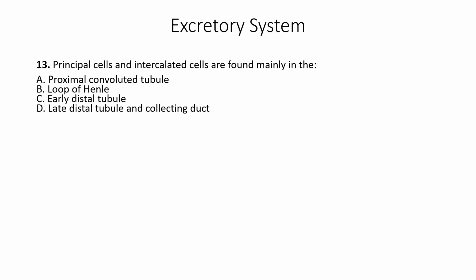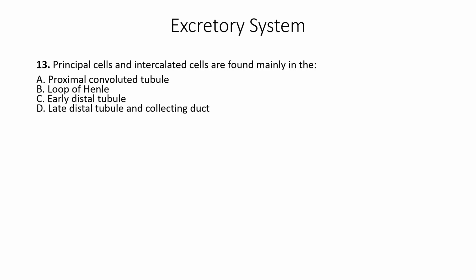So these cells are really important for regulating the amount of sodium and potassium and the balance of acid and base in the final few steps of urine production and concentration.